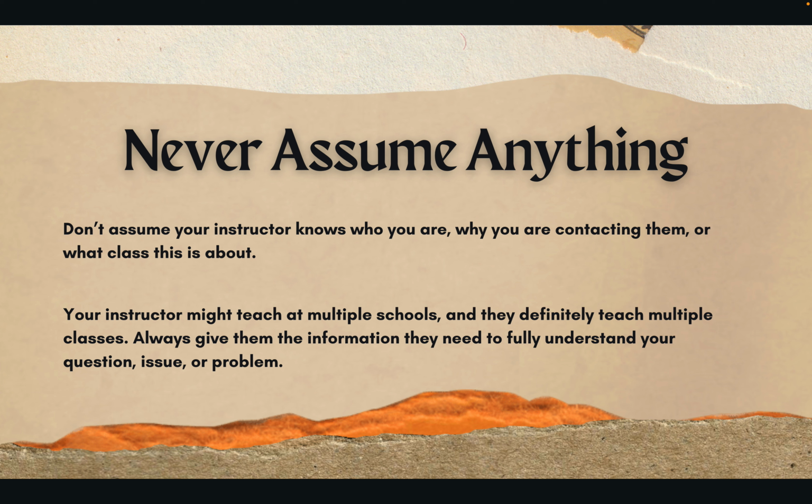Always go from the assumption that the more information you give, the better. You have probably got some teachers who teach at multiple schools, and I can tell you right now, there are a lot of students in each class, and teaching multiple classes with lots of students in them can make things very confusing. So always make sure you tell that instructor who you are and what you want to know.